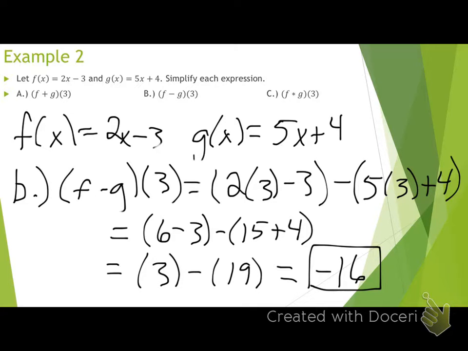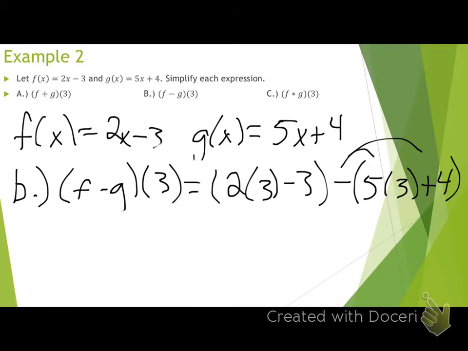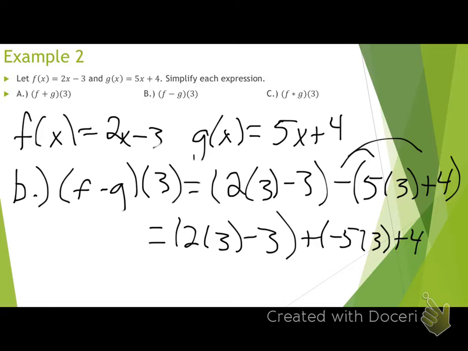I just did it. How'd you do it? So, I distributed that negative sign. That'll work. So you did it after you multiplied 5 times 3 or before? Did you get the same answer as us? Yeah. So you get 2 times 3 minus 3, and then that would be minus 5 times 3 plus 4, right?